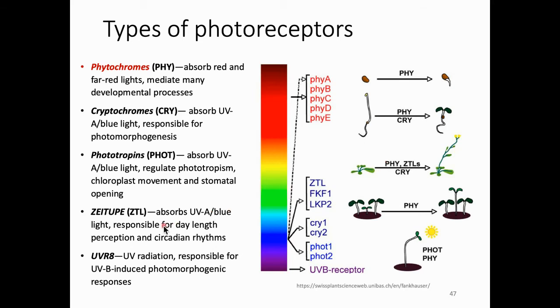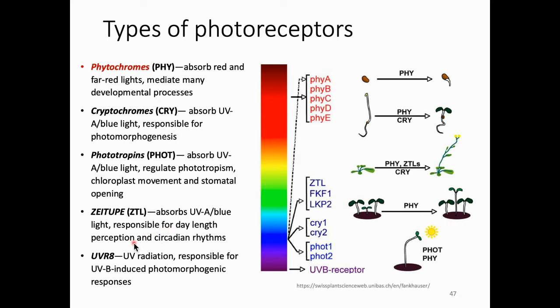Apart from that, cytlope is also responsible for day length perception. That's why flowering is controlled by cytlope. So I will go into the detail of flowering that responds to the period of light.